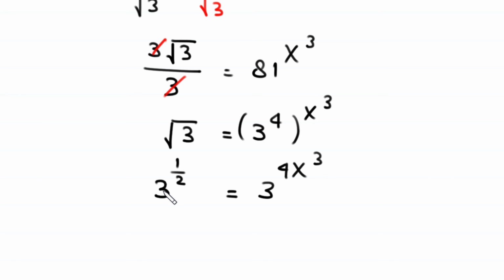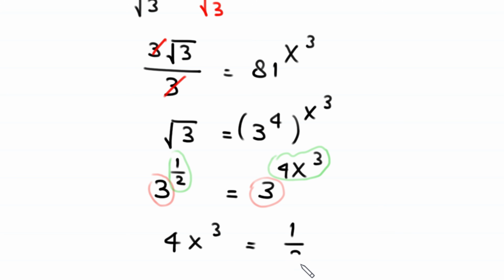And since we have the same base at both sides, base 3, we can write this exponent 1 over 2 equal to this exponent 4x cubed. So this will become 4 times x cubed equals 1 over 2.